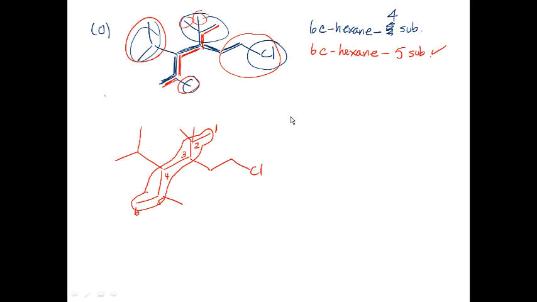So what do I have? I've got a 2, 2, 5-trimethyl. And then at carbon 4, what do I have? At 4, I've either got an isopropyl group or a 4, 1-methyl ethyl.